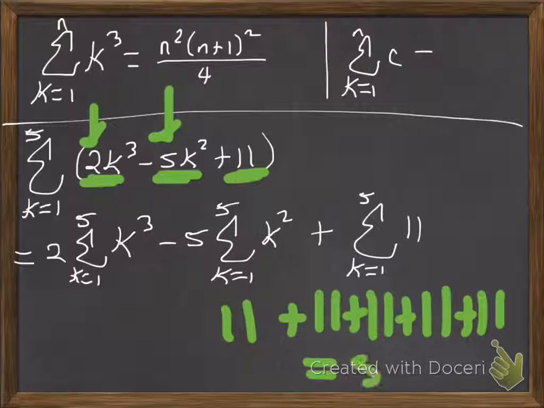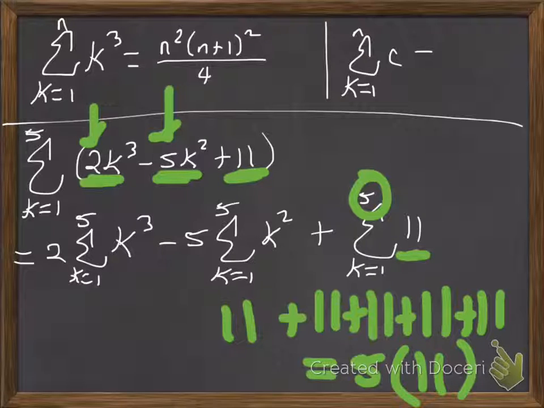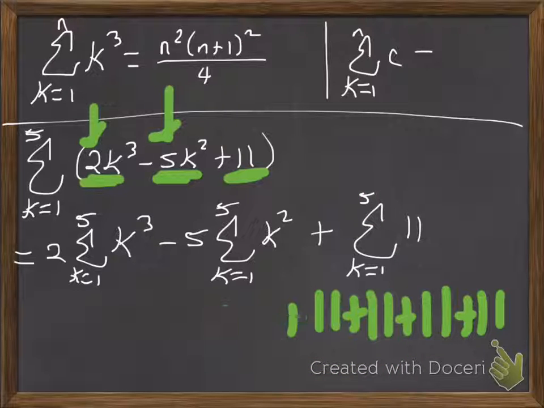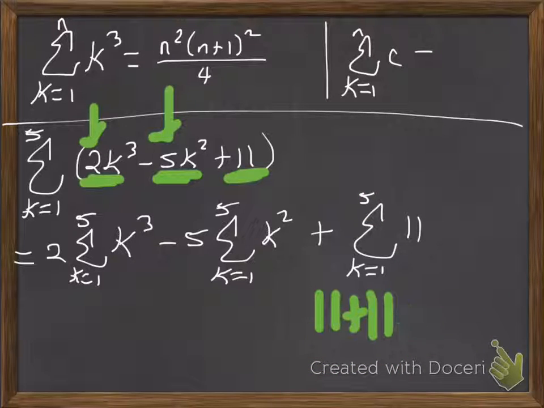That's the same as where it stops, the 5 or the n, times the constant, which is 11. It's probably one of the easier of these formulas. Where we really want to use these is in Cal 1 with Riemann sums, but we have everything we need in pre-Cal, and it's nice to see them ahead anyway.